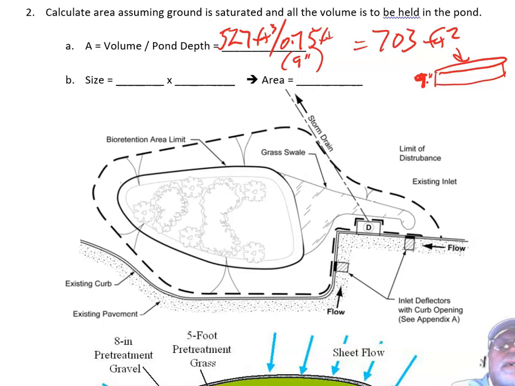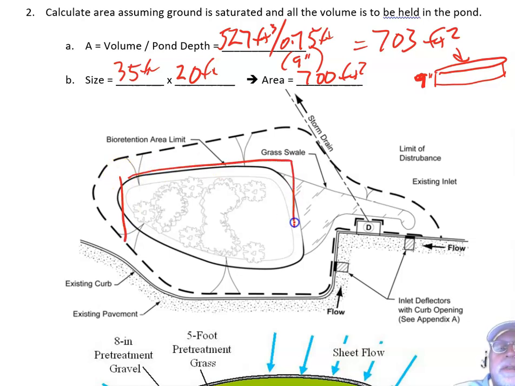So we want to have a nice pond shape, and we're going to work with our existing property there to kind of put the pond where we want it. But for simplicity, let's just make this 35 feet by 20 feet. So it's actually 700 square feet, close enough. So maybe make it like 20 this way and 35 this way.